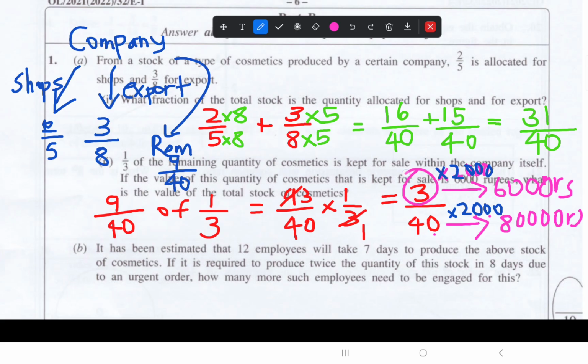This numerator is indicating the cosmetics kept for sale within the company. That is showing 6,000 rupees. You have to find the relationship. So 3 became 6,000, so 3 multiplied with 2,000. Similarly, to find the total, the denominator is always giving you the total. So 40 into 2,000 will give you the total stock price as 80,000 rupees.